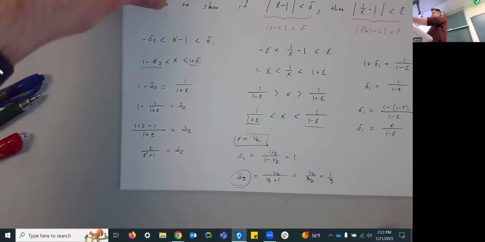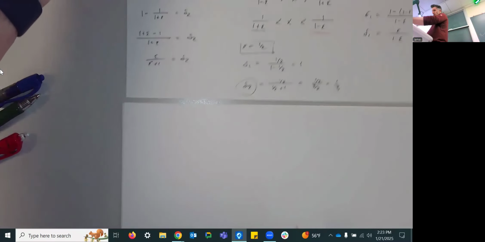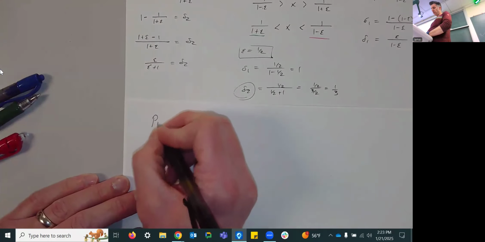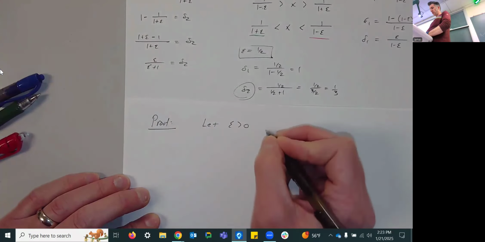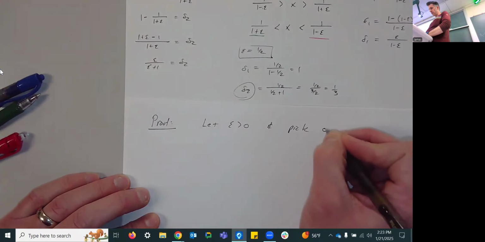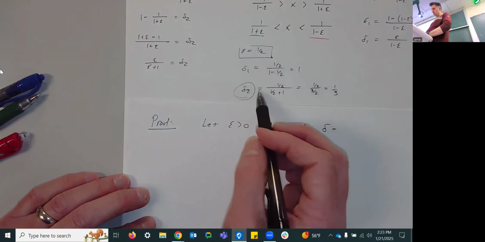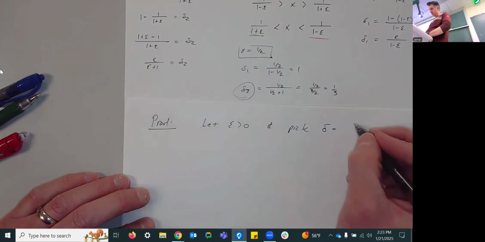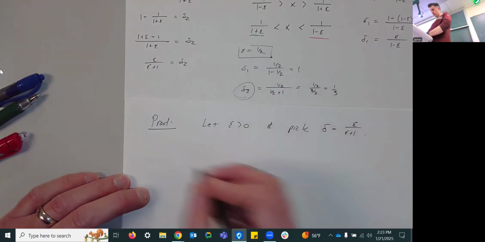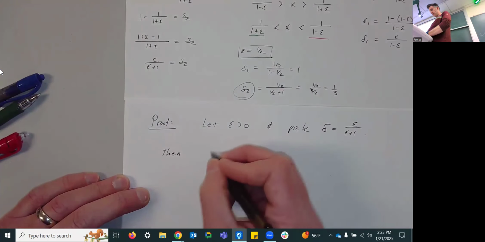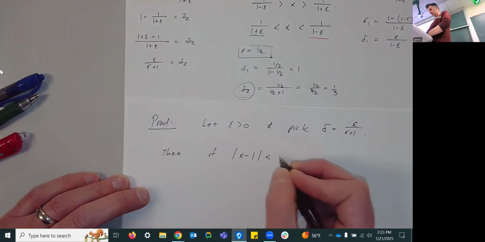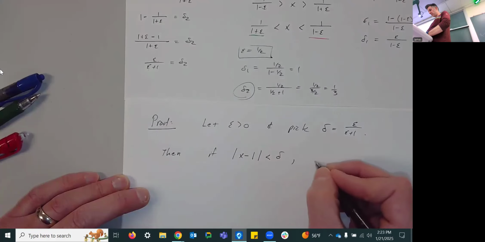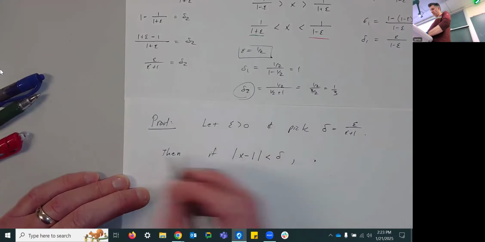We still need to write the proof here. We can't just leave this unwritten. So, proof. Let epsilon be greater than 0 and pick delta equal to epsilon over epsilon plus 1. Then if the absolute value of x minus 1 is less than delta, I always feel like I write the wrong words here.